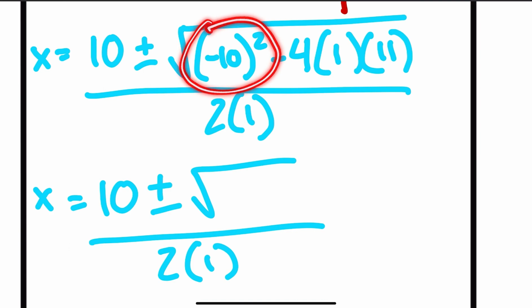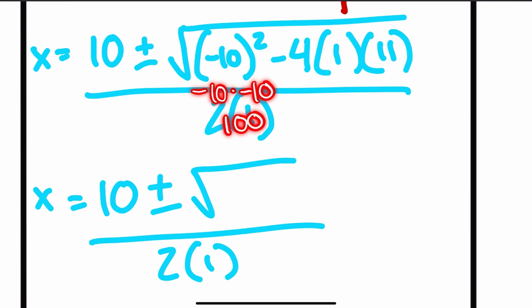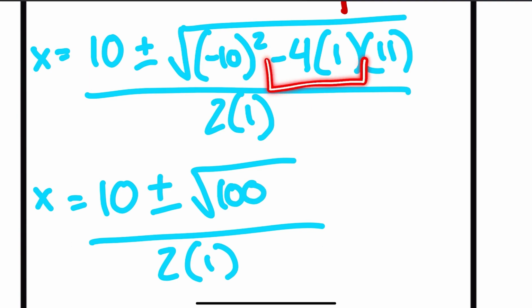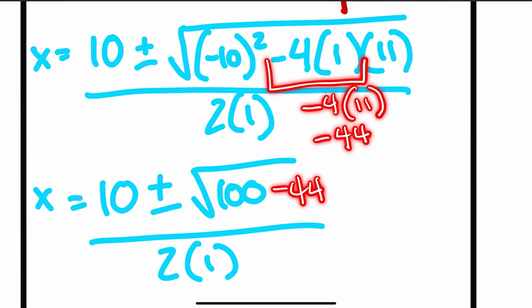So looking at negative 10 squared, I know that's negative 10 times negative 10. That will give me positive 100. So I'm going to put that into my radical. Then I'm going to do the next part. We had negative 4 times 1. That's going to be negative 4 times 11. That is going to be negative 44. Cool. Negative 44 is going to go right here.